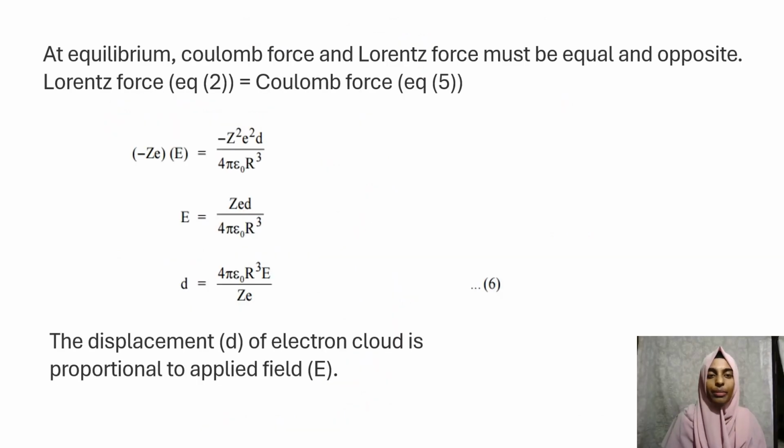At equilibrium, the Coulomb force and the Lorentz force must be equal and opposite. The Lorentz force from equation 2 equals the Coulomb force from equation 5. On equating both, we get d equals 4 pi epsilon naught R cube E by Ze. Considering this as equation 6, the displacement d of the electron cloud is proportional to the applied field E.